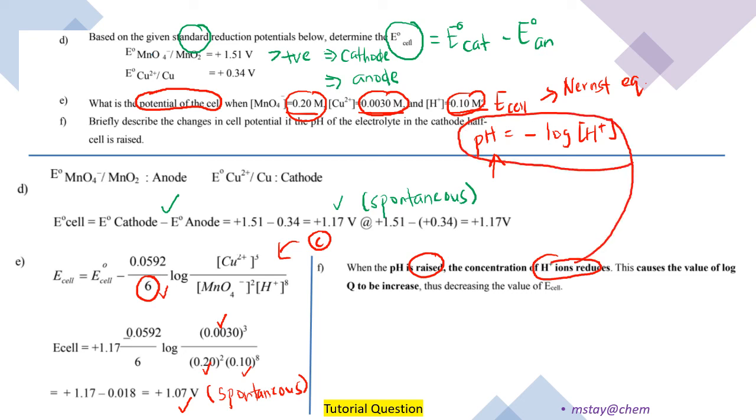Overall the other values are maintained, but H+ is reducing, so the Q value will be increased, and this causes the value of log Q to increase. So E0 cell minus a higher value of log Q will cause the E cell to decrease.